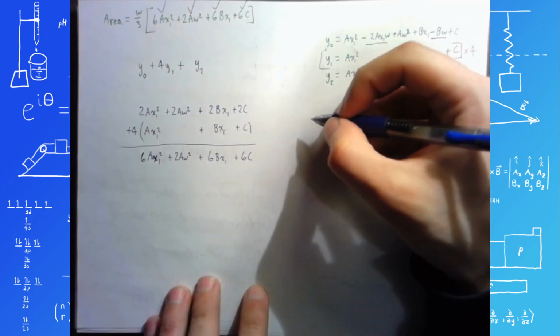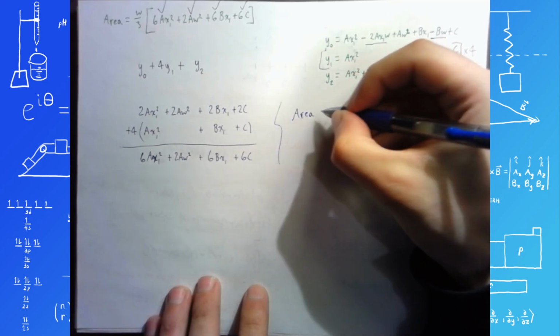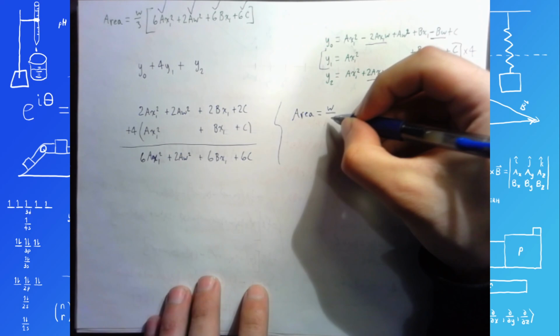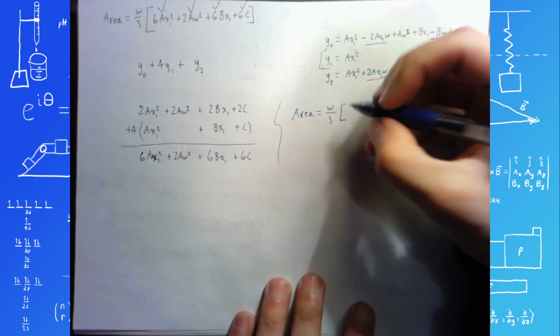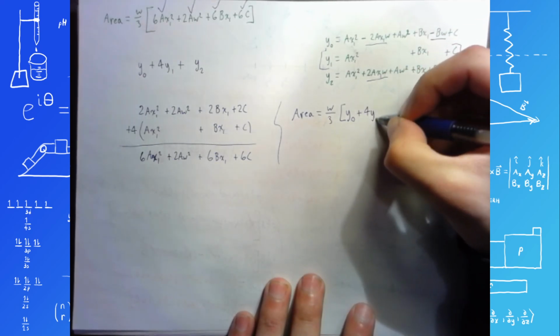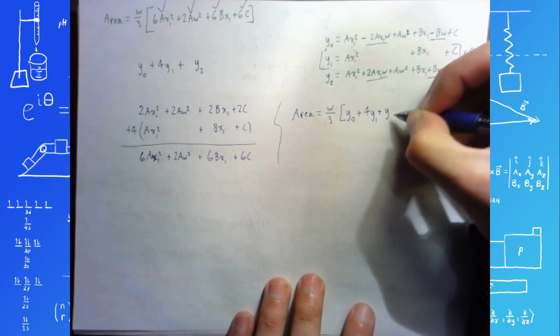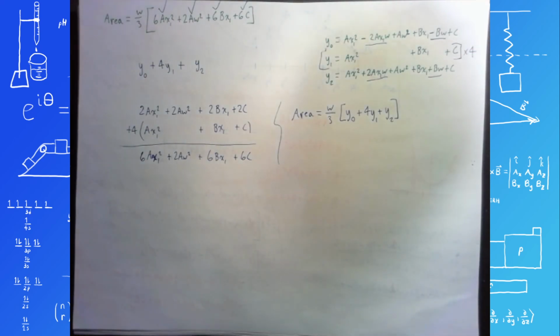So I can rewrite my area as area equals W over 3 times y0 plus 4 y1 plus y2. And why on earth would we want to write it this way?